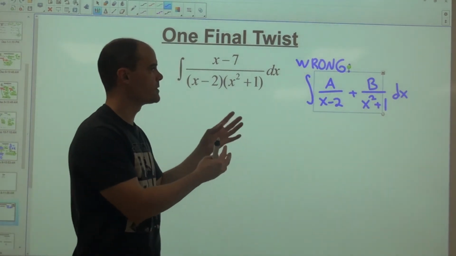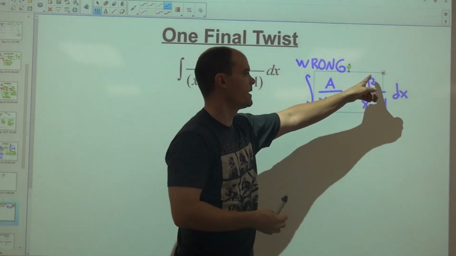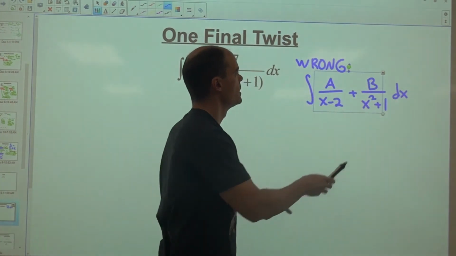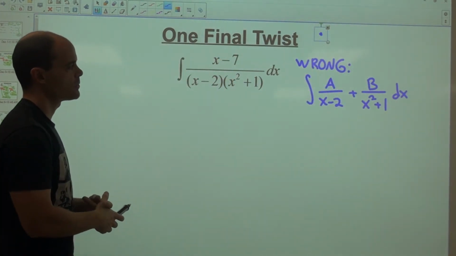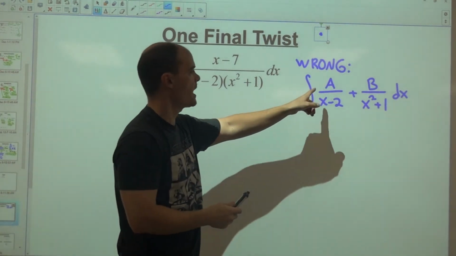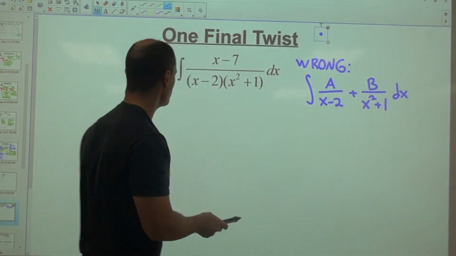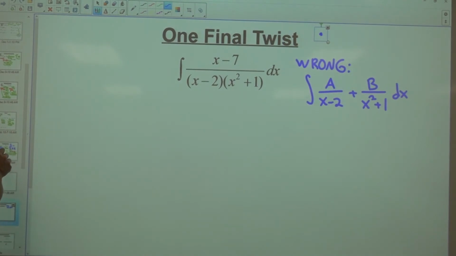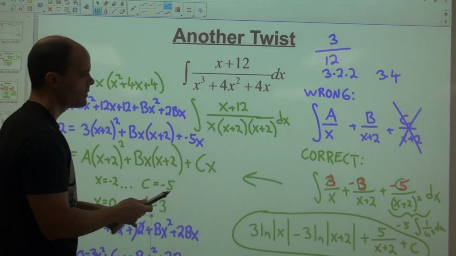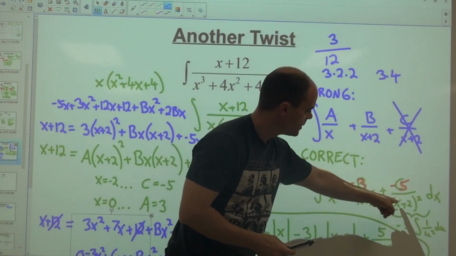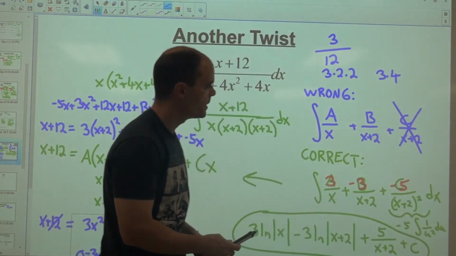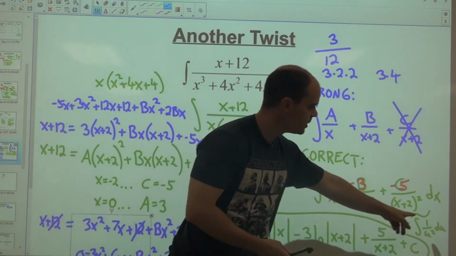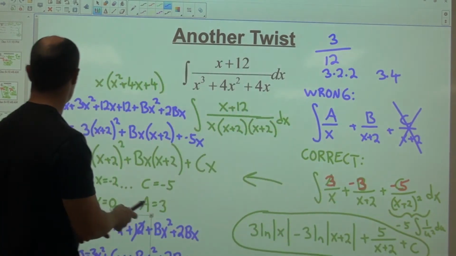If you guys notice, b is just a value. This would be an inverse tangent antiderivative, but it's not an inverse tangent antiderivative. If we're following the partial fraction rules, these have to be 1 degree apart. Just like when I set this up over here, even though this quantity was squared, this value was 1 degree apart from my negative 5, which is why I was able to antiderive this as 1 over u squared.